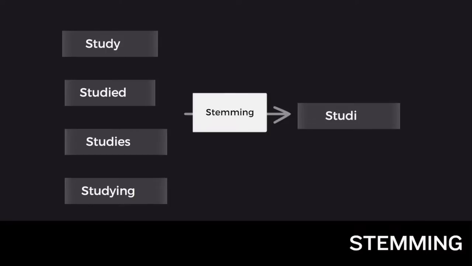Studied will also be turned into studi, so the y is changed into i. In studies, the es is removed. So it just knows it has to cut off the suffixes, but it doesn't know what meaning the resulting word will have. It just cuts it off and gives it to you. So that is stemming, and we mostly don't prefer this, but let us see how to implement it as well.